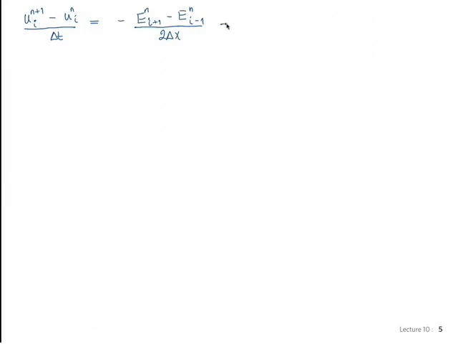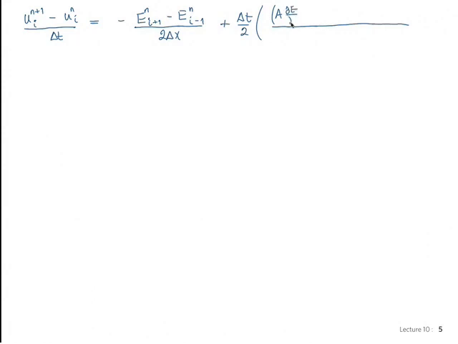And the other term, plus delta t over 2. And I'm going to have, let's see, here I'm going to have a d dx.